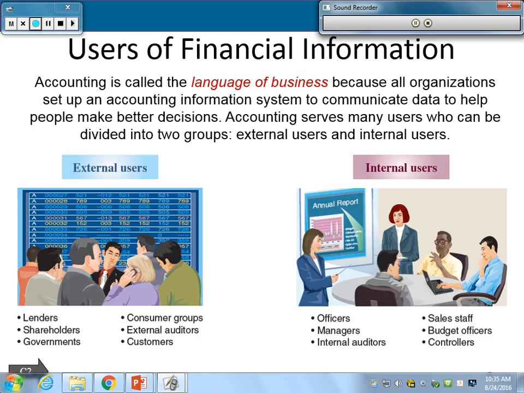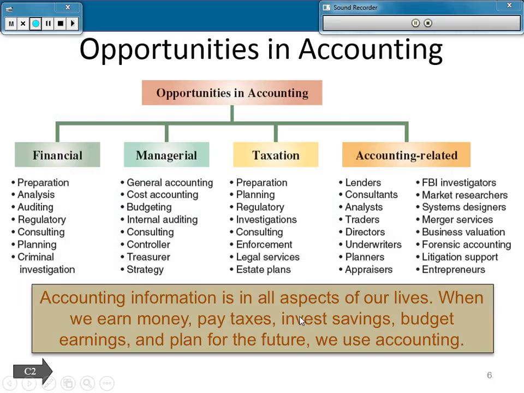Let's see. So opportunities in accounting for you accountants. These are some of the many areas you could go into once you graduate and get your credentials.